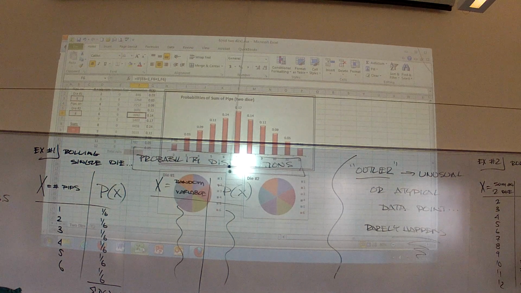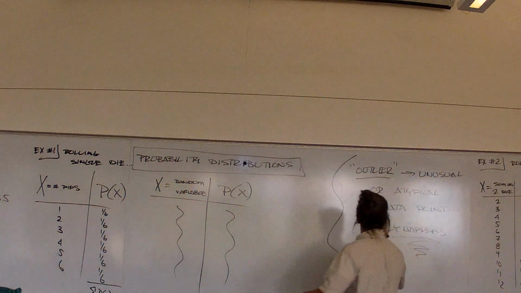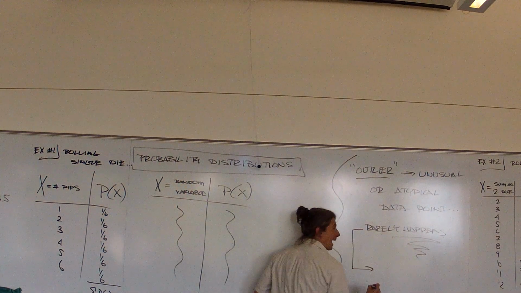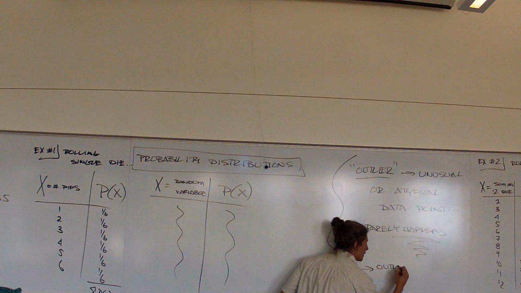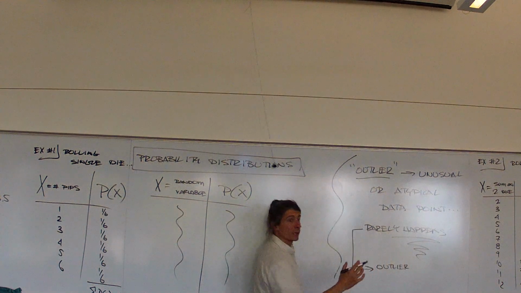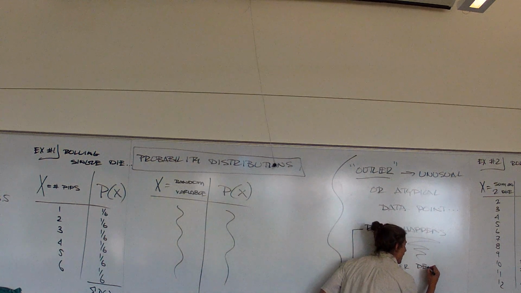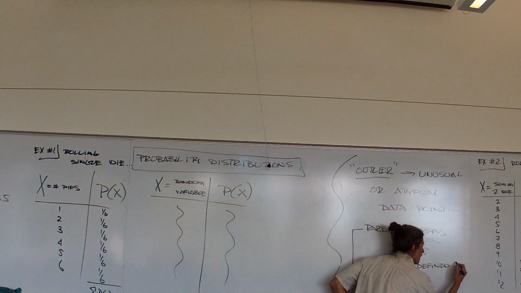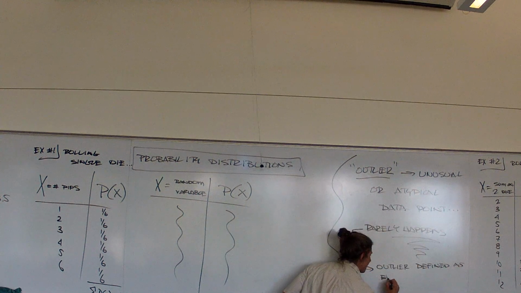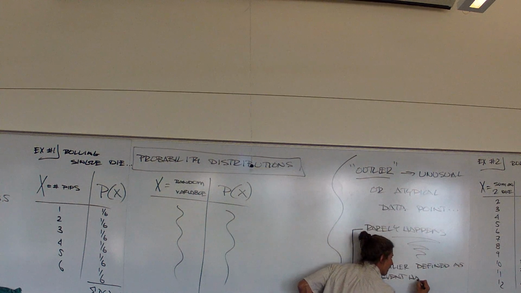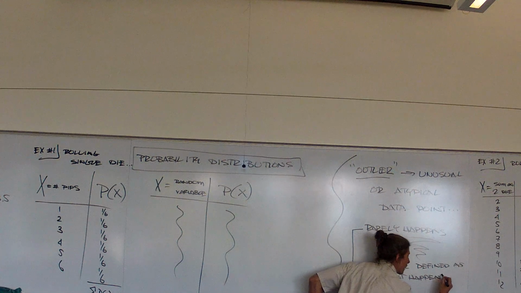In every research journal you've ever read, in scientific journals, an outlier is defined as any event happening less than 5% of the time.